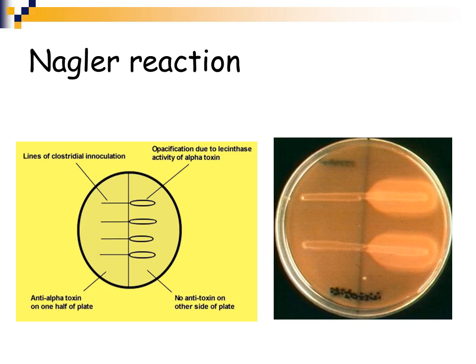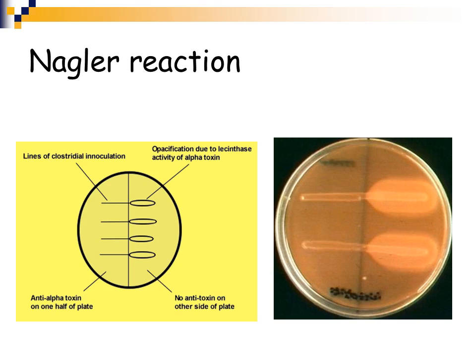So on the side that doesn't have any antitoxin, if you have Clostridium perfringens, you're going to have a positive lecithinase on the egg yolk. You're going to have that opacity around the growth. On the other side, the antitoxin inhibits the production of lecithinase, so you don't get that opacity around the colony growing on that side of the plate.